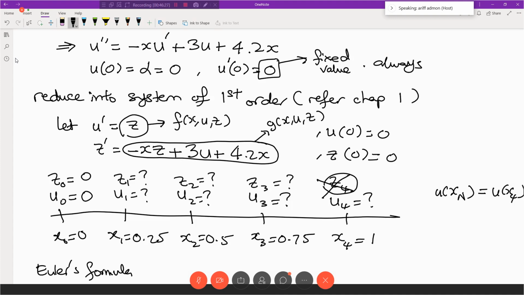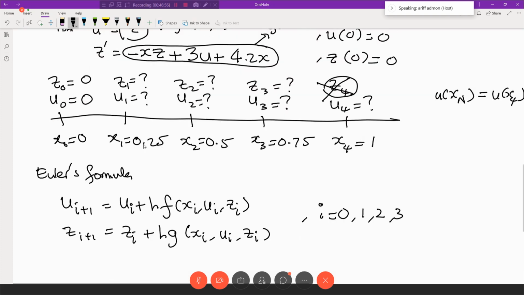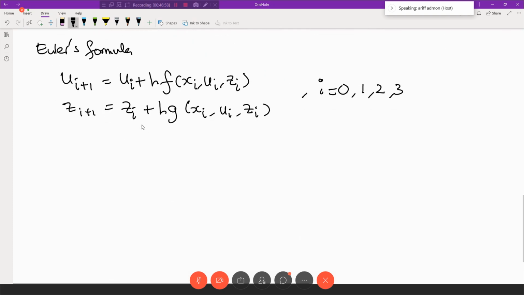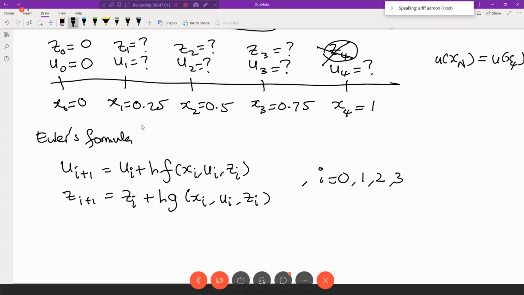When I call function f, remember, f is just z. And when I mention the g function, it is minus z plus 3u plus 4.2x. Clear? Okay, now we start to solve.